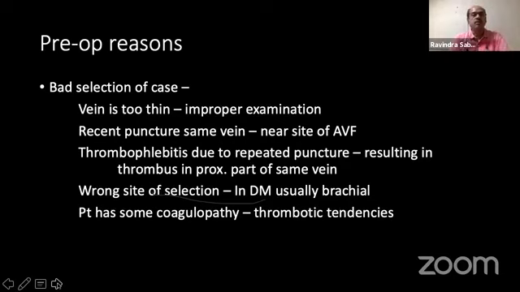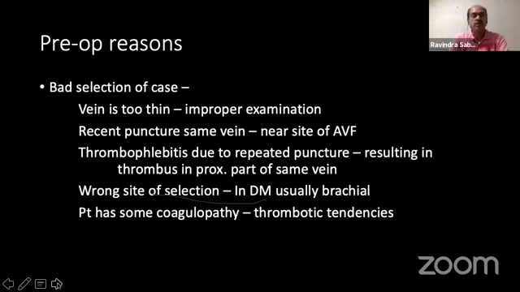The pre-op reasons can be the bad selection of case. Now what do you mean by bad selection of case? Because it is very important, as Dr. Ajay pointed out, that it cannot be taken casually. You need to check the patient preoperatively, put the tourniquet, see the proper examination, see whether the veins are proper or not.